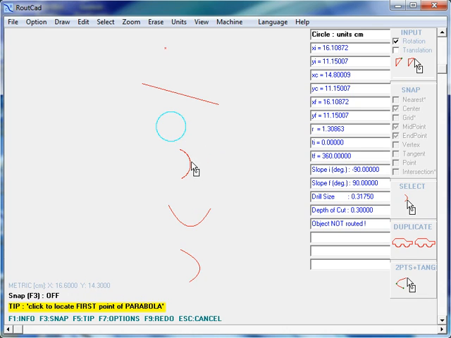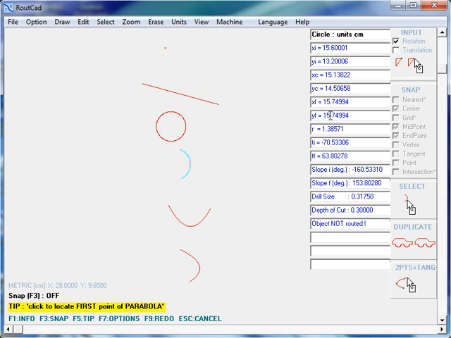Now, if we click the mouse on this arc, we can see that the initial point and the final point of this arc do not coincide because it's an arc, and we can see the initial point is at 15.6 centimeter in X and 13.2 in Y. So this is the initial point.